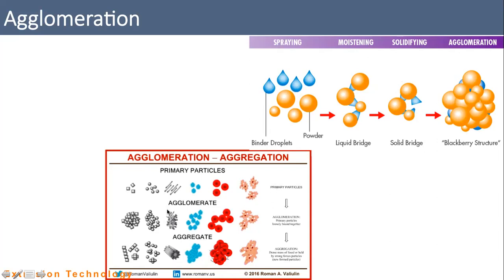Agglomeration means they mix together and bind themselves. That is what we call agglomeration. You can download the definition and read.